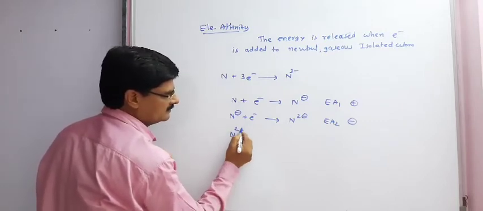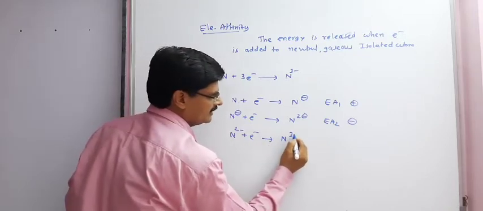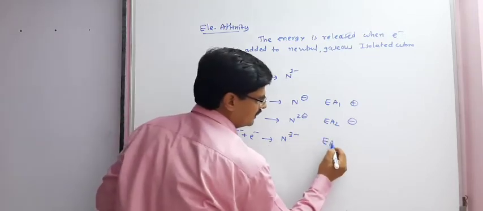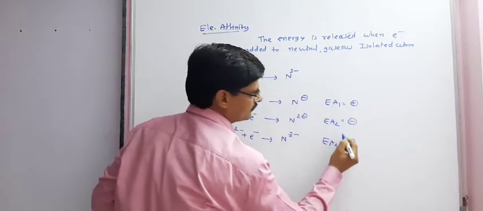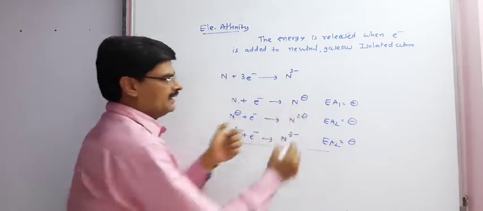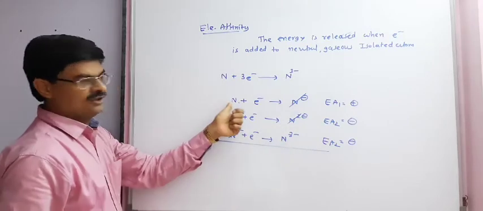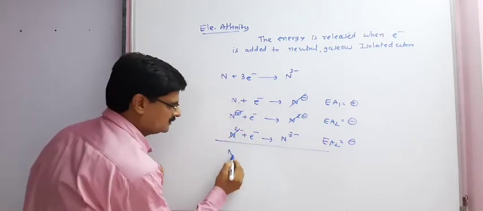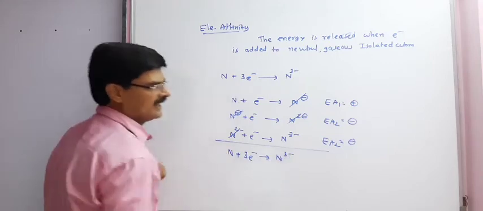N2 minus plus electron will give N3 minus, EA3 is negative. N minus and N2 minus are removed, so N plus 3 electrons will give N3 minus ion.